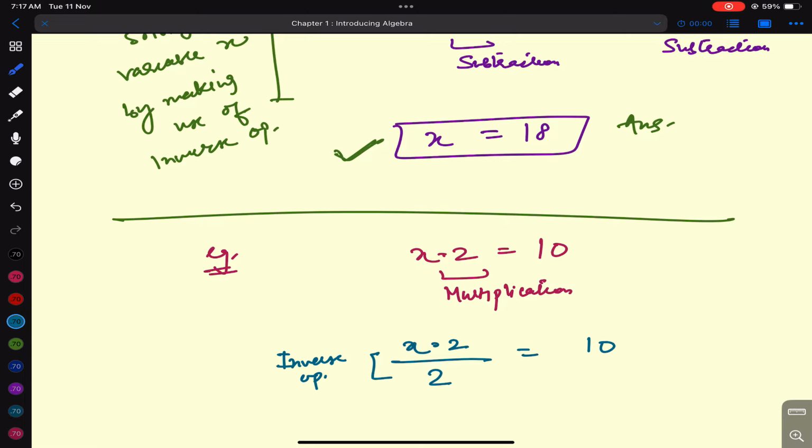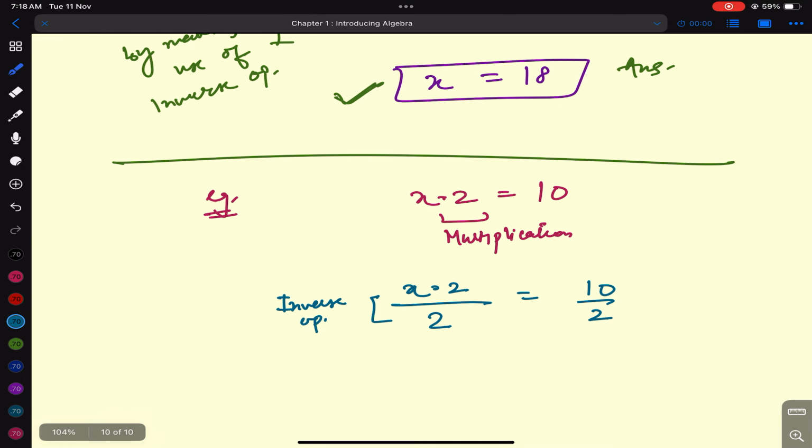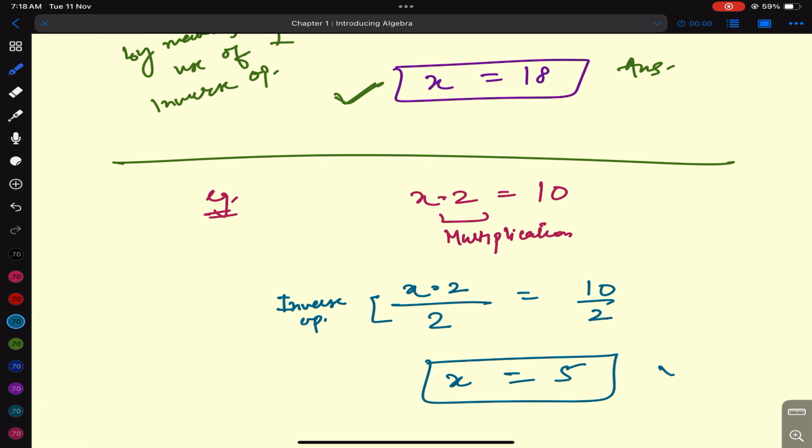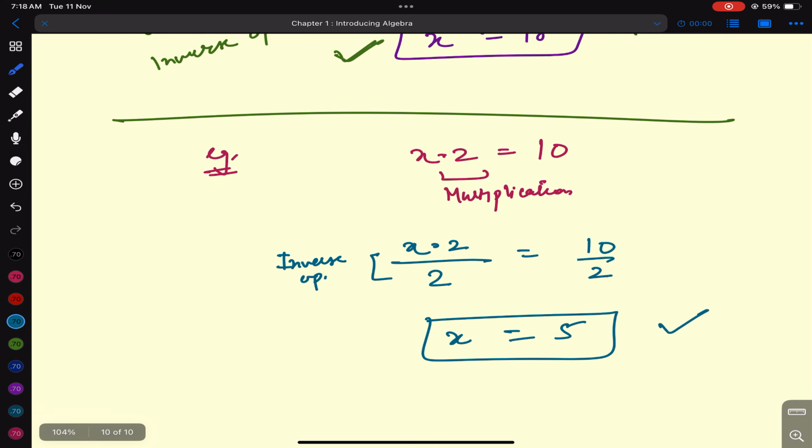What we made use of here is division as the inverse of multiplication, and that gives x is equal to 5, and that's how we have solved the equation. Clear? So division here is used as the inverse of multiplication.